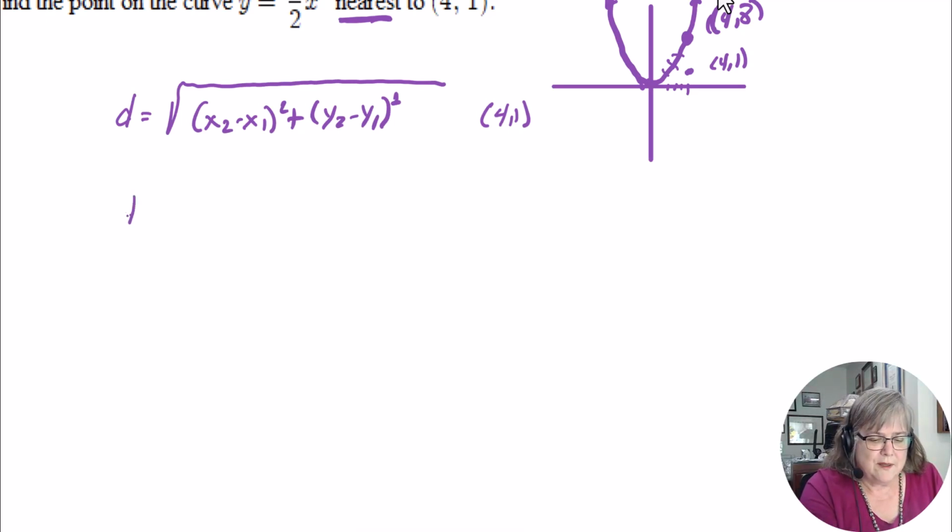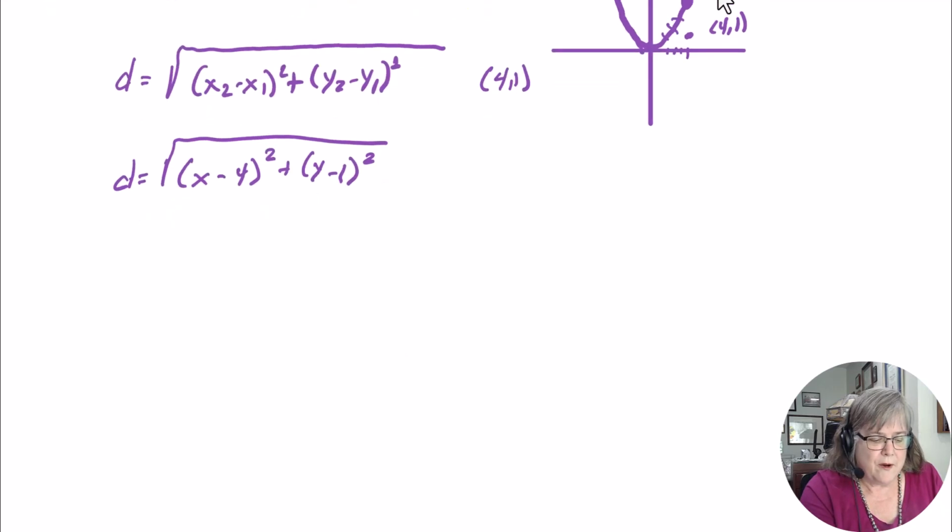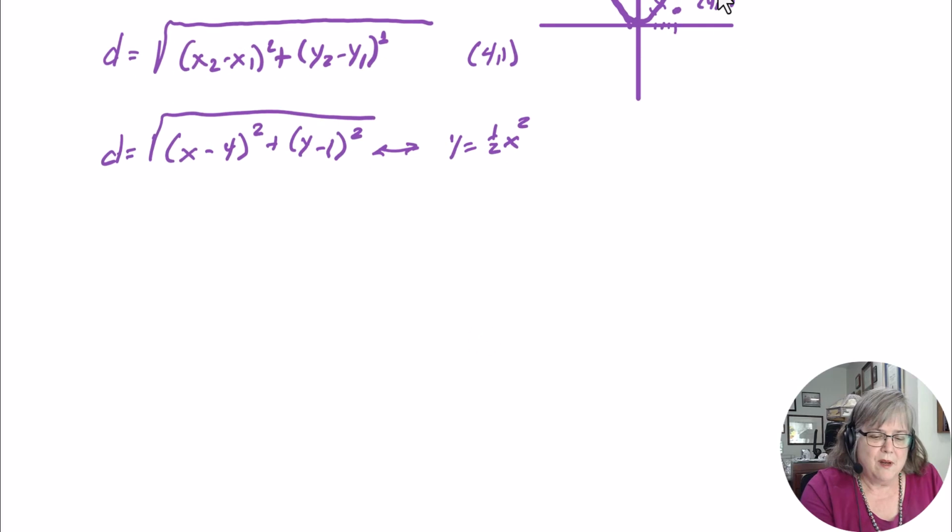So the distance is the square root of the x on my curve minus 4 squared plus the y on my curve minus 1 squared. And we also know that y is equal to 1/2 x squared. Now there's a relationship between the two, because right now I've got the distance in terms of x and in terms of y.